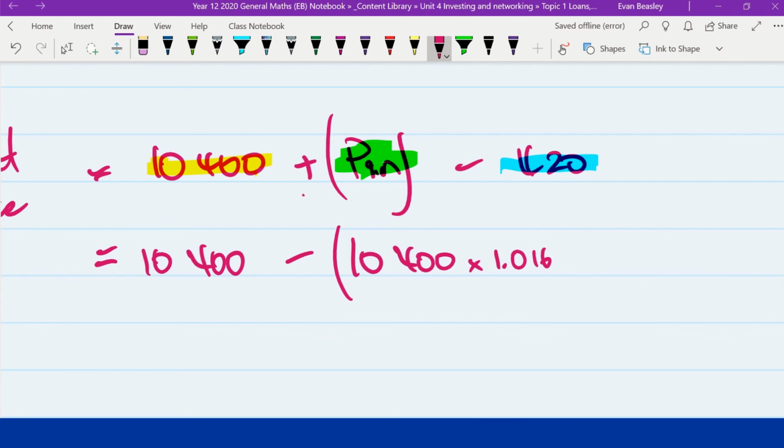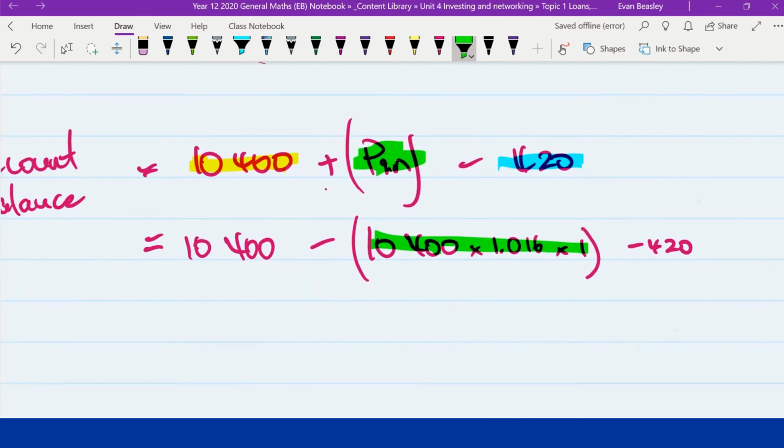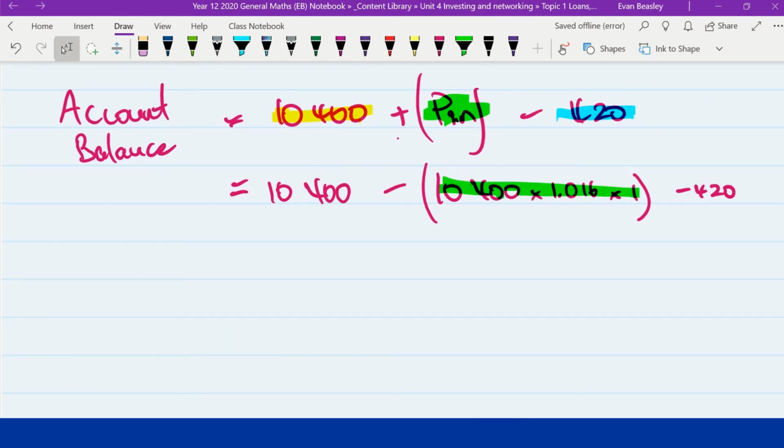And then we just plus 1 for the growth factor. And then finally, N will equal 1 quarter, and then minus that 420. So I'm particularly interested now at how this changes from term to term. So 10,400.